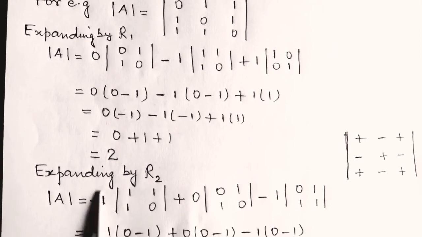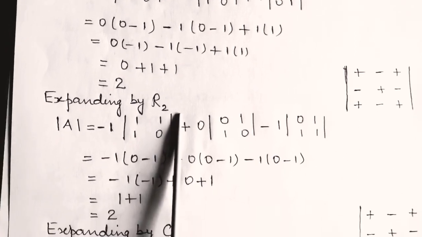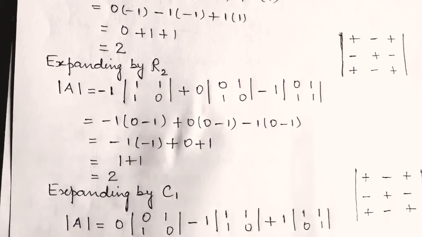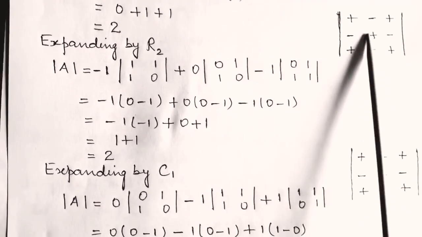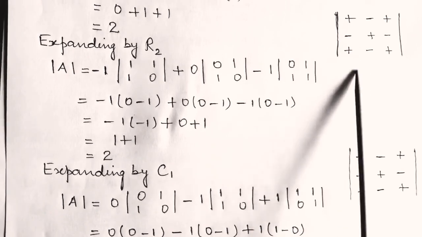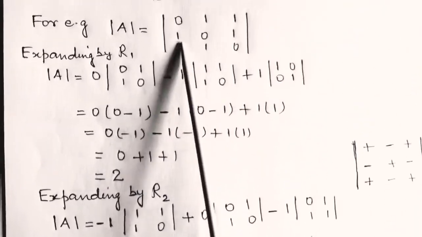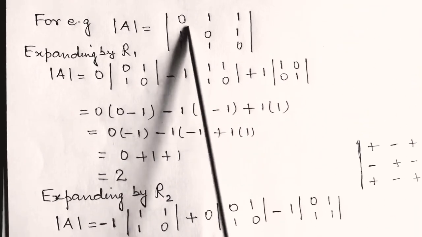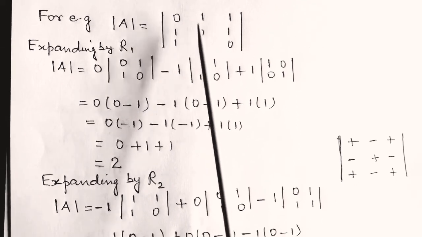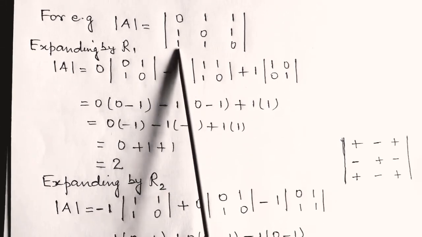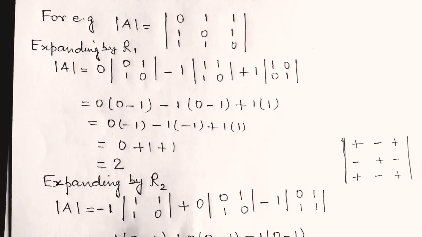Now suppose we are expanding by R2. For R2, the first sign is minus. So I'll start with minus 1 multiplied by its minor. If you leave the row and column, the minor will have 1, 1, 1, 0.